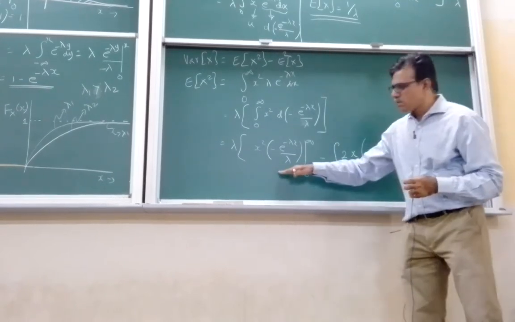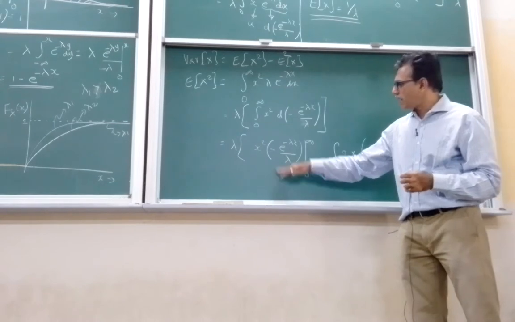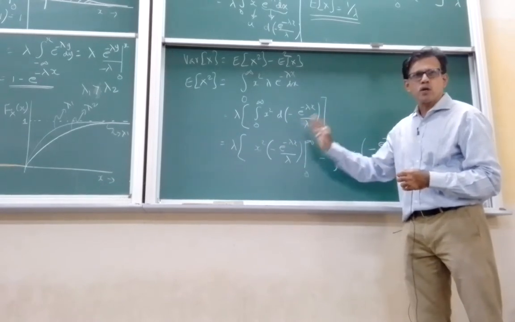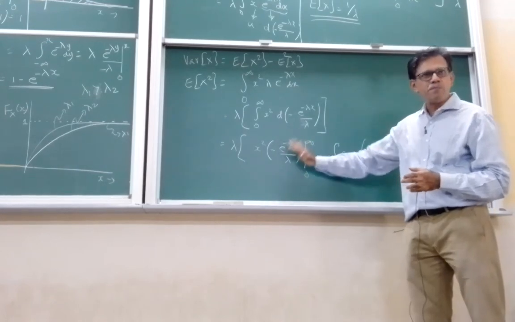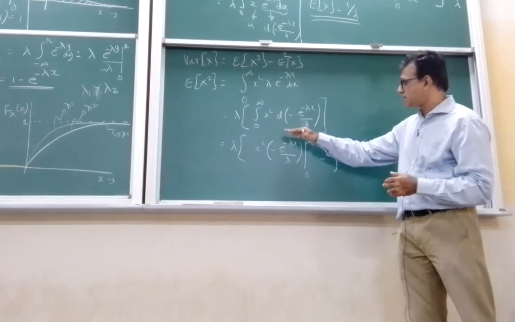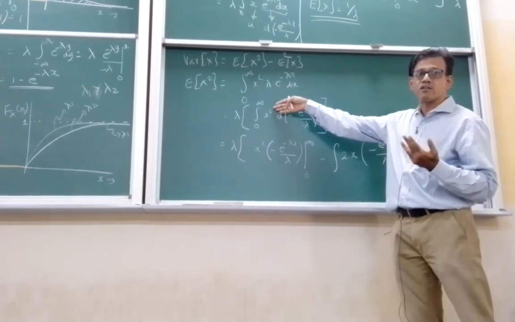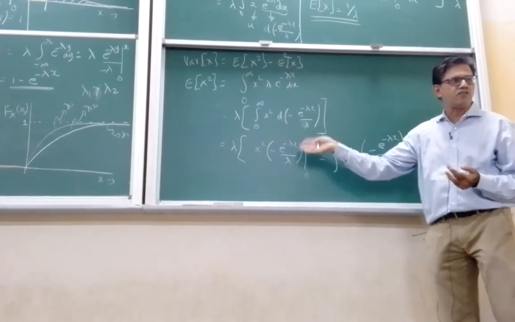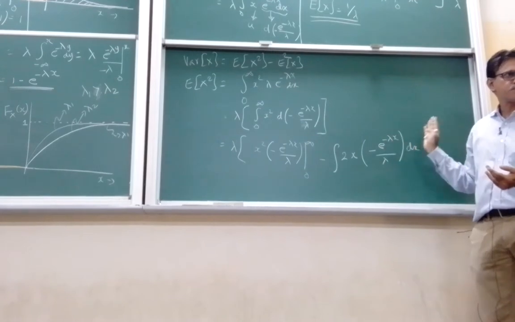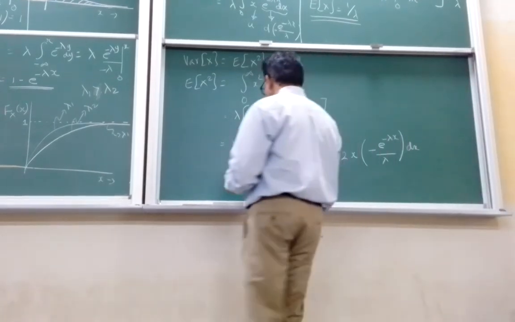Well, this term becomes 0 always. Usually what will happen, even if you integrate many times, all the time this will keep becoming 0. In the sense that you start from x power 5 and so on, you will keep on eliminating these kinds of terms and you will only be left with this. That is something that you have to notice.